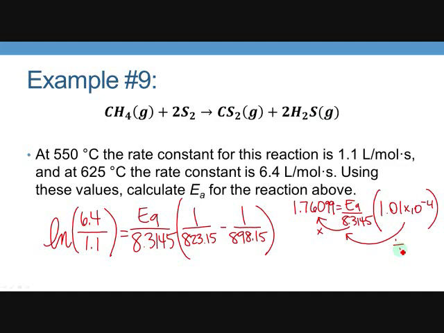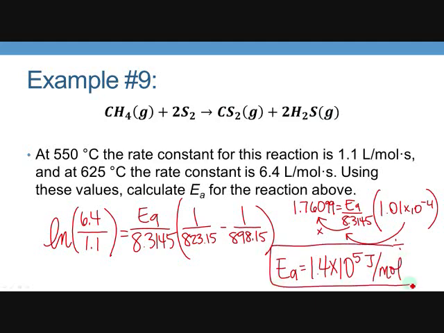The activation energy should be 1.4 times 10 to the 5th joules per mole. This example was just to show you how, when you have two temperatures, you would use this equation. But if you are just looking at linear data, you would use the other equation.